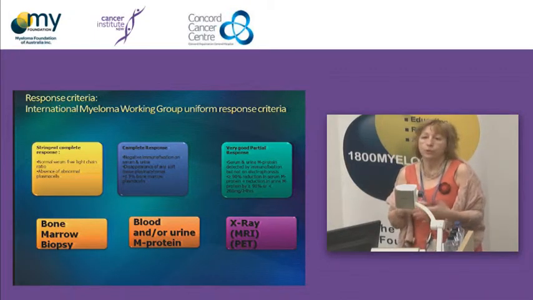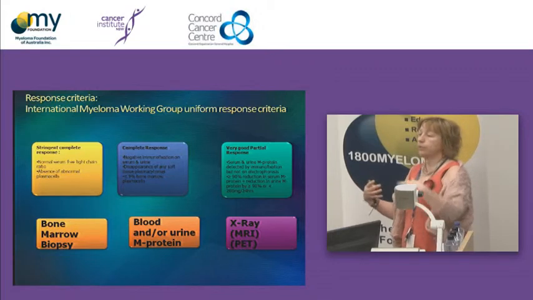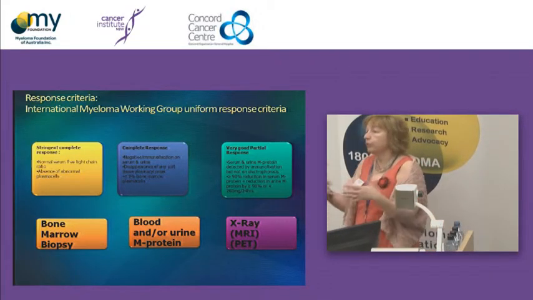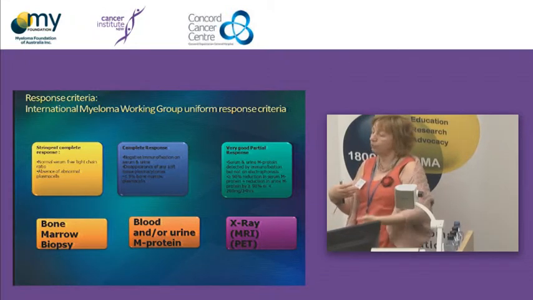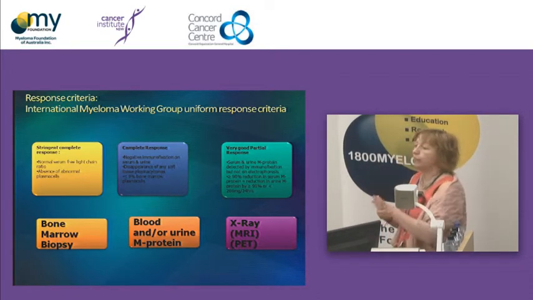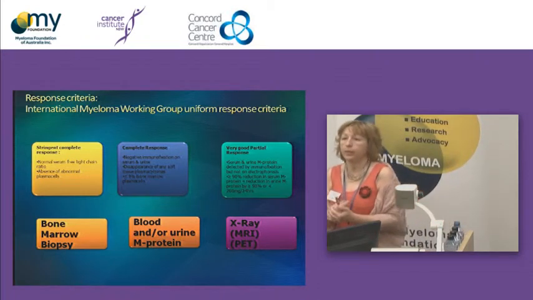And clearly we also do routine tests like a full blood count, because if the myeloma is particularly invasive, as you've been told, there is a reduction of the normal marrow, so you can have anemia, thrombocytopenia or a low white cell count. In a patient who has responded, the full blood count will normalize, and the renal function should also be normal.